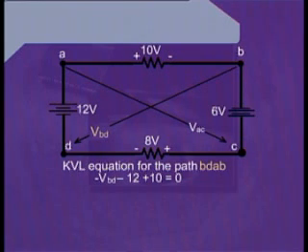And because the negative terminal of this voltage source has been attached to the point D, therefore we will write minus 12. We go through this voltage source and reach at the point A.